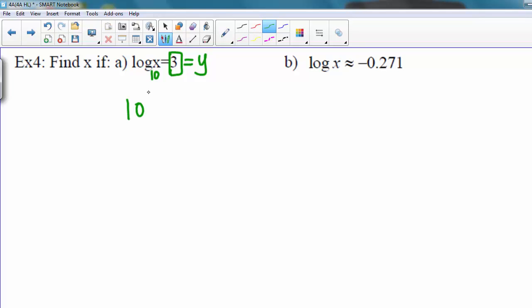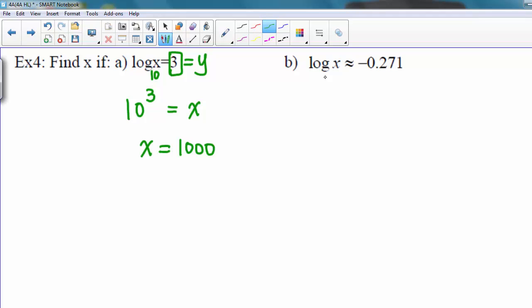So it's 10 to the power of y equals x. So right now my y value is 3, so x equals 10 cubed, which is 10 times 10 times 10, 1000. That's how I can find the argument value in the log symbol.